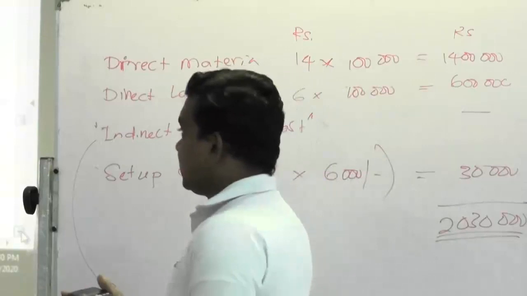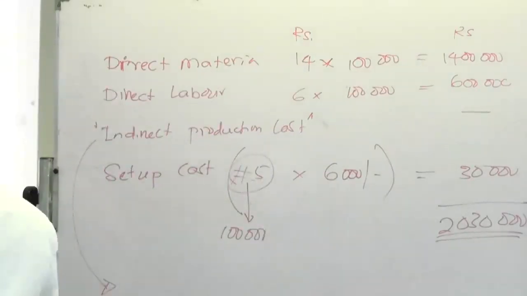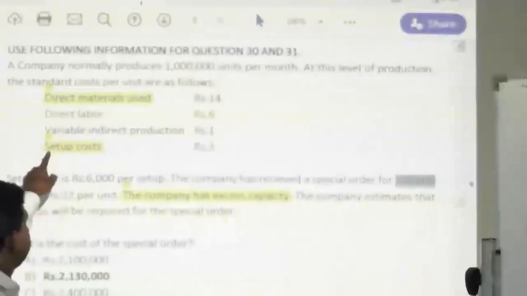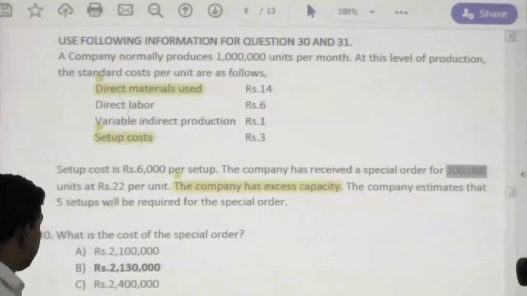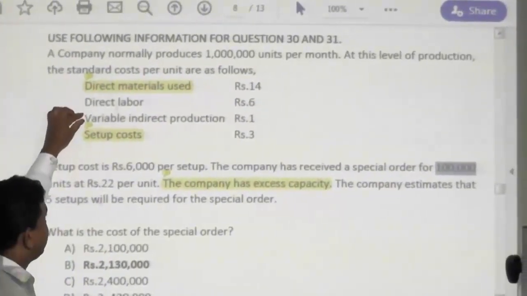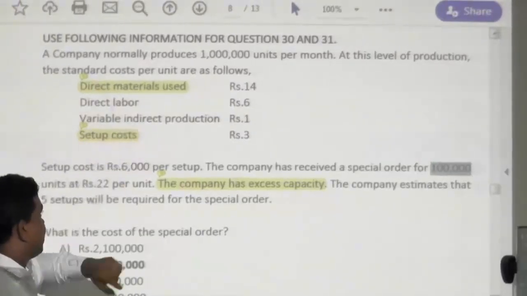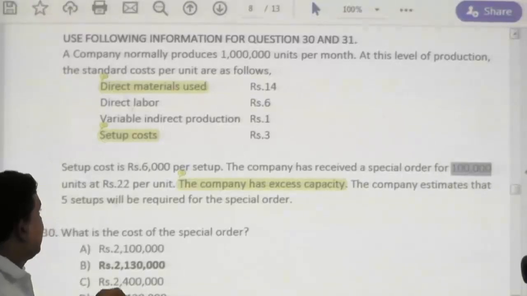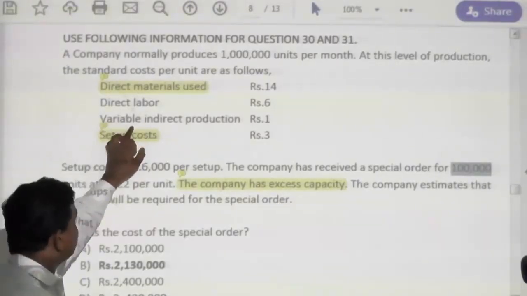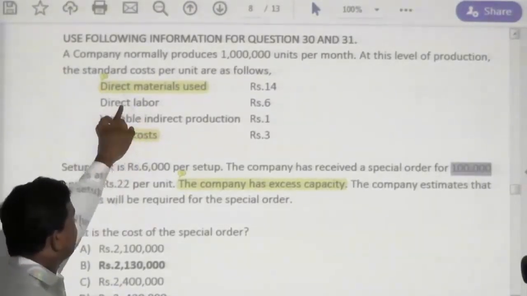Let's move to the screen again. Here they have mentioned variable indirect production. That's the point we need to take carefully. Variable indirect production. Now indirect production may be the overhead. Now this overhead comes with a special wording called variable.